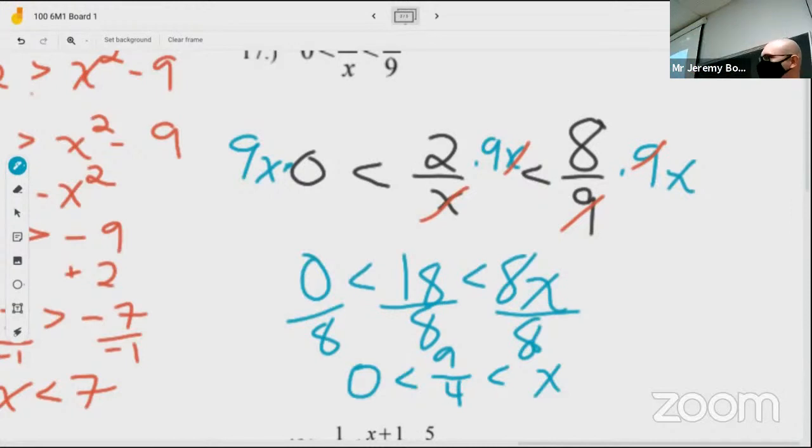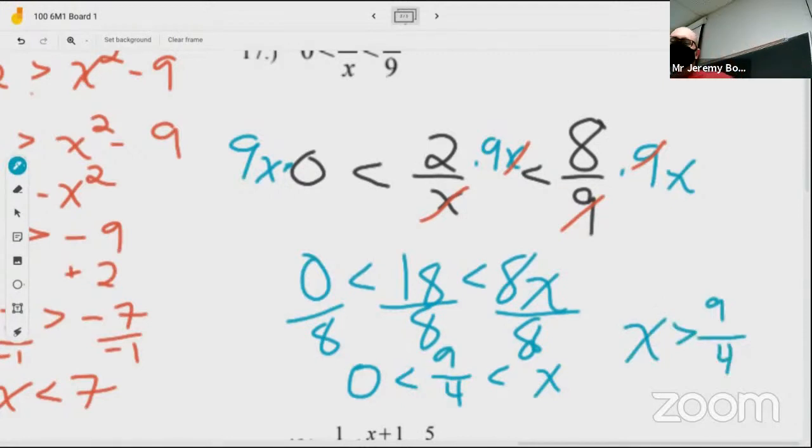Positive. It's positive, okay. And how are you getting that? Because it's greater than 9/4. Okay, so that's the takeaway right there. It's greater than 9/4 and it's greater than 0, but that's because 9/4 is greater than 0. So really your answer is that x is greater than 9/4.